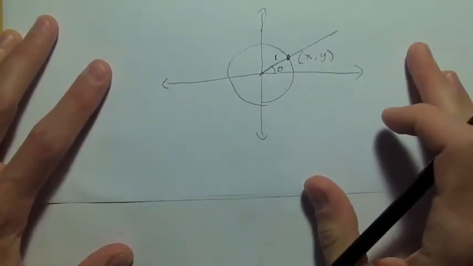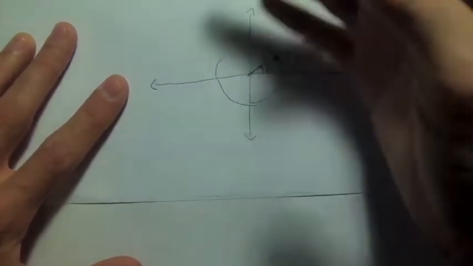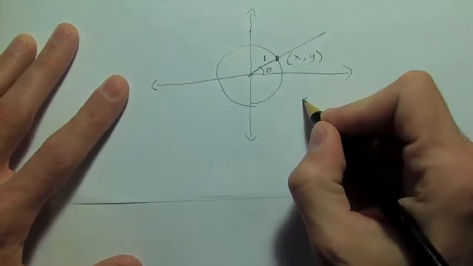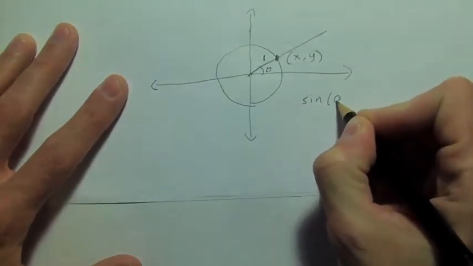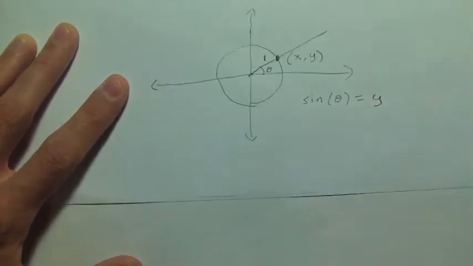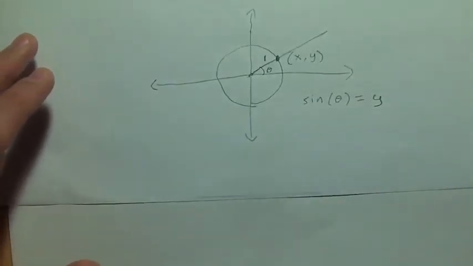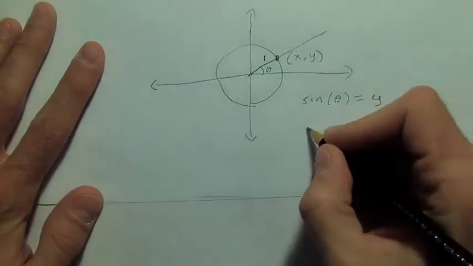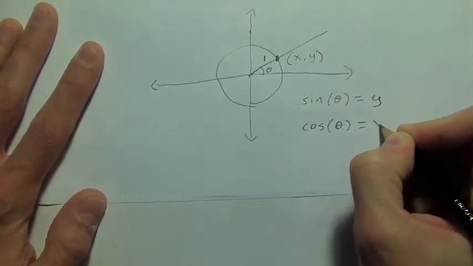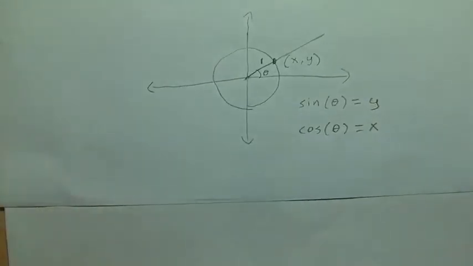And basically all we do is we develop some functions based on this. In fact, we say sine of theta, we just say it's the y coordinate, and we say that cosine is the x coordinate.